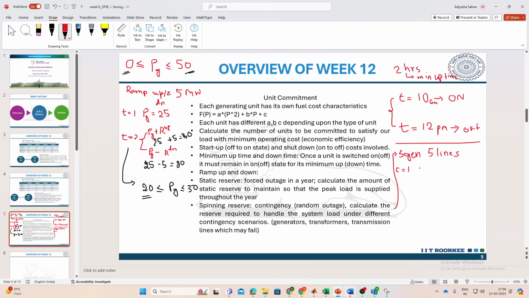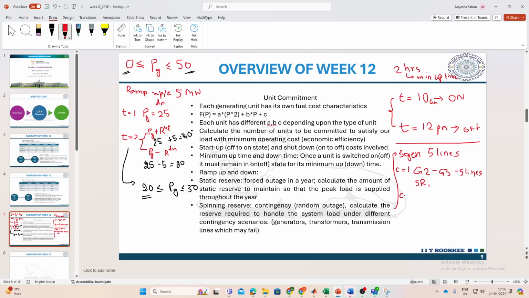Let's say G1 is not there. So you calculate how the system will operate only with G2, G3 and your 5 lines. And to operate under this contingency, how much spinning reserve you require, that is your, let's say, SR1.